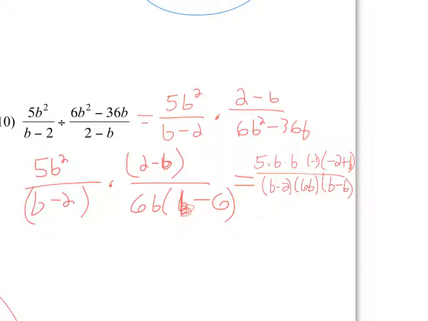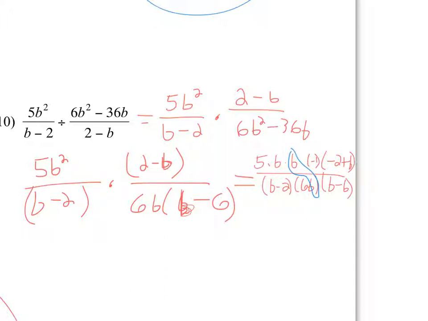This got really messy really fast. But notice I've got a b and a b, and those are multiplied, so I get rid of those. And I can reorder the multiplication here. So instead of negative 2 plus b, I'm going to just flip the order, and it's going to be positive b minus 2.